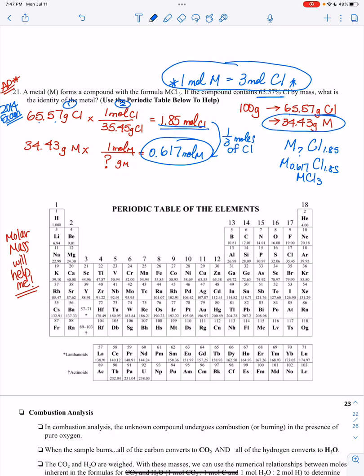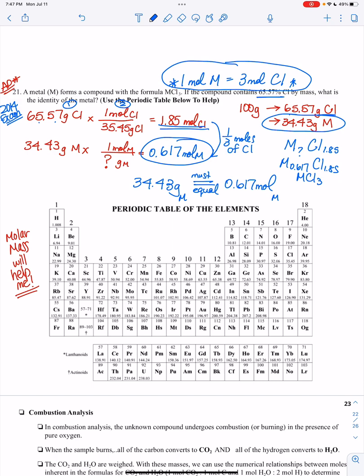Well, I know that this metal, 34.43 grams, must equal 0.617 moles. I've identified how many moles must be in this compound because for every 3 moles of chlorine, there's 1 mole of this metal. Well, if I have 34.43 grams of this metal, that corresponds to 0.617 moles.